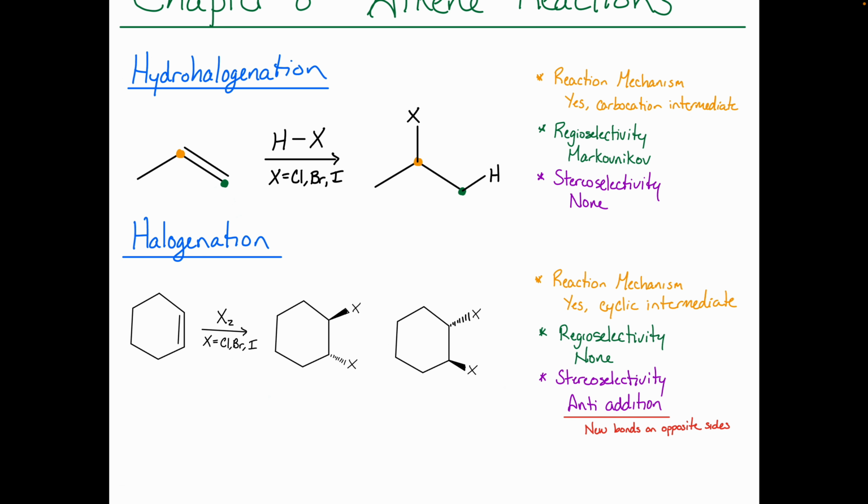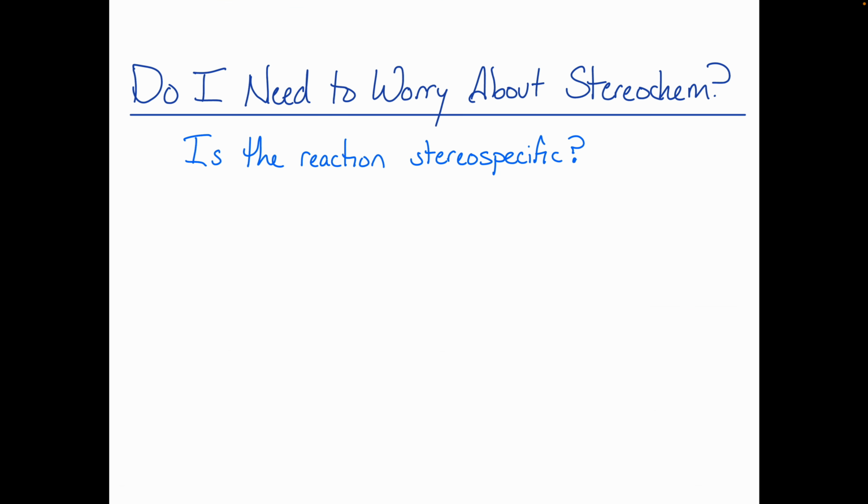One of them, the one that we've been working with, our halogenation reaction, is stereospecific. It's got that anti-addition stereospecificity, but the other one isn't. So if I'm talking about a hydrohalogenation reaction, I don't need to worry about dashes and wedges. That reaction is not stereospecific to begin with. So first of all, is the reaction stereospecific? If no, then you don't have to worry about it. But if yes, then we're going to have to move on here.